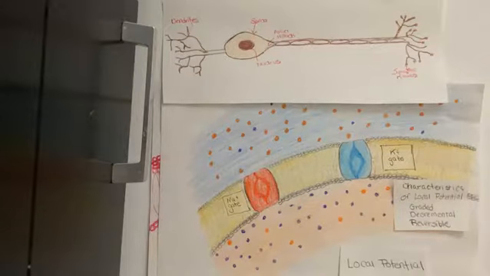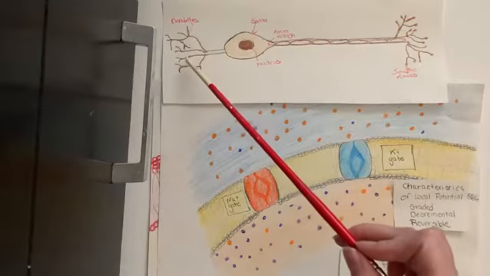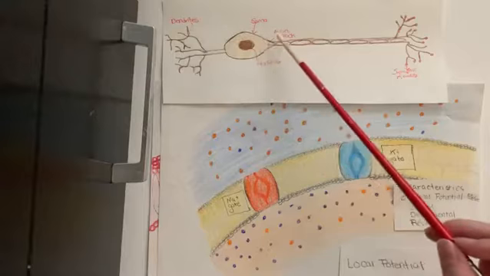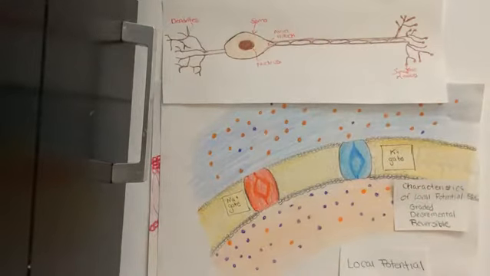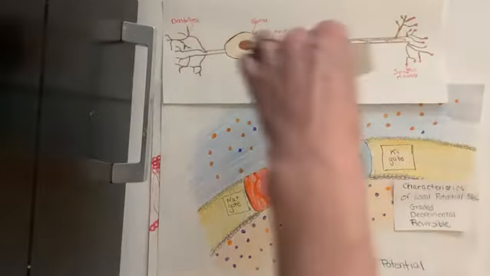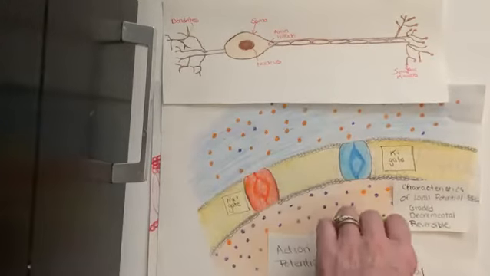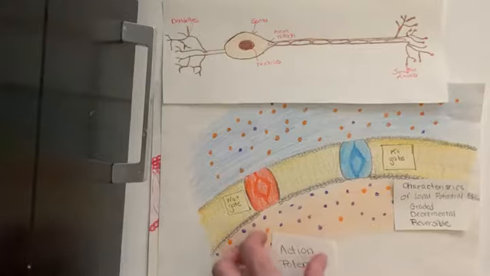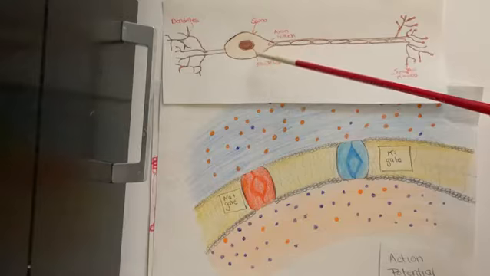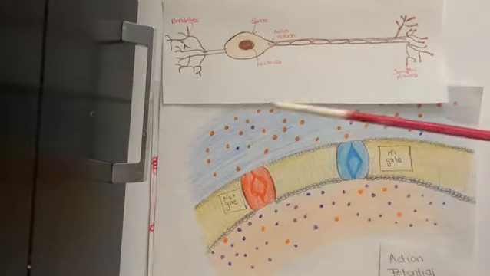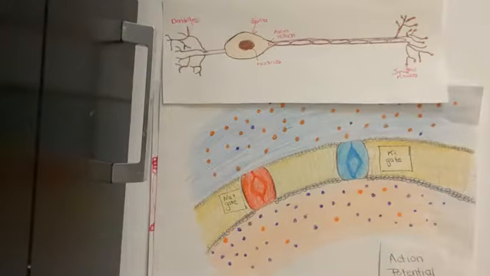If the stimulation in the dendrites is strong enough to pass through the soma into the axon hillock, we have what's called an action potential rather than local potential. And action potential has different characteristics. It follows an all or nothing law. If the local potential that reaches the axon hillock is strong enough to trigger an action potential, it occurs at full strength.